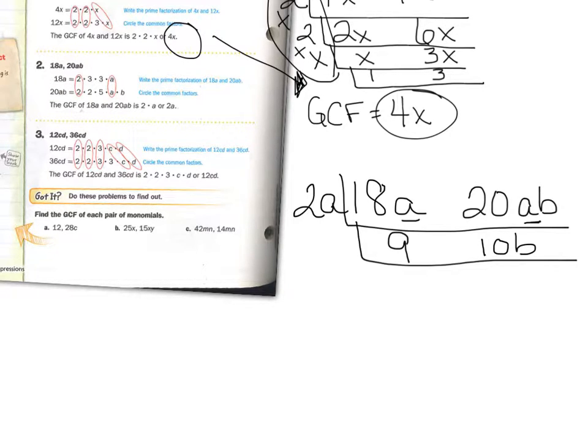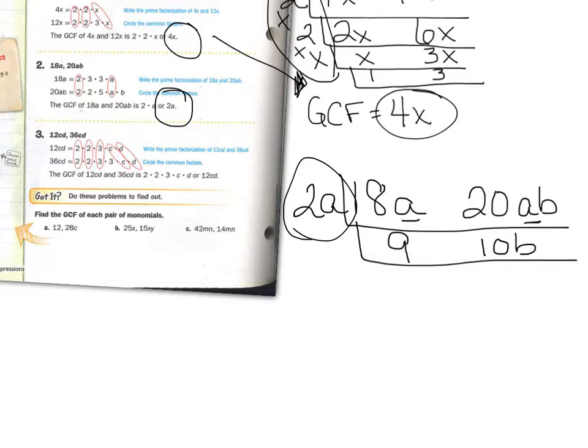You took the a out over here, so you can't leave it in down here. Remember, you have to take this times this should equal this. So 2a times 10b would be 20ab. So our greatest common factor, because this cannot be factored anymore, 9 and 10b have nothing in common, is simply 2a, which is what they found.